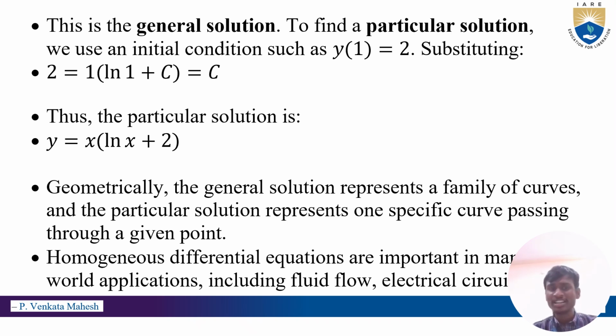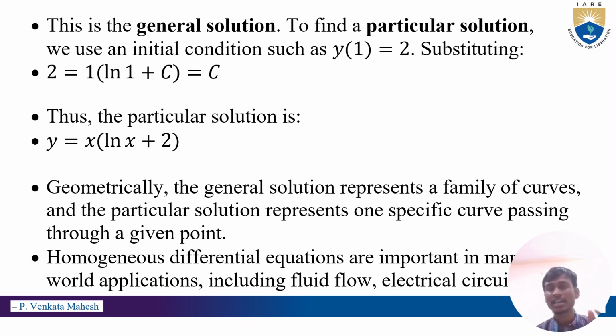Geometrically, the general solution represents the family of curves, but the particular solution represents the specific curve which is passing through a given point. So, in the above example, we have seen that y is equal to x into (ln x plus c) is the general solution.